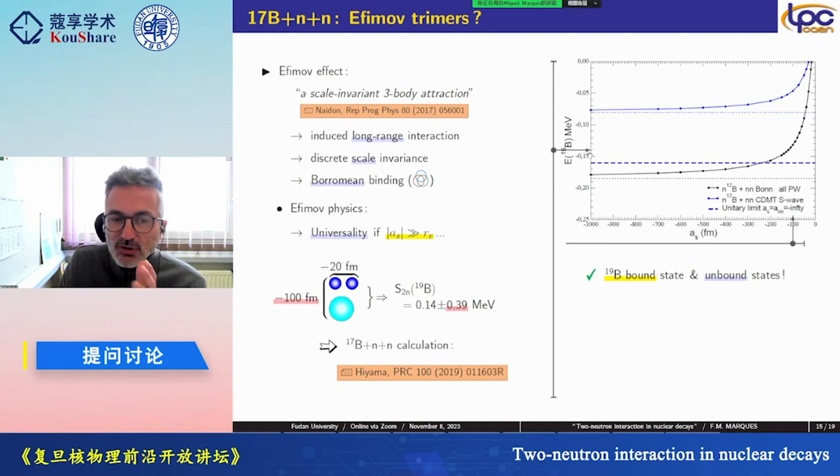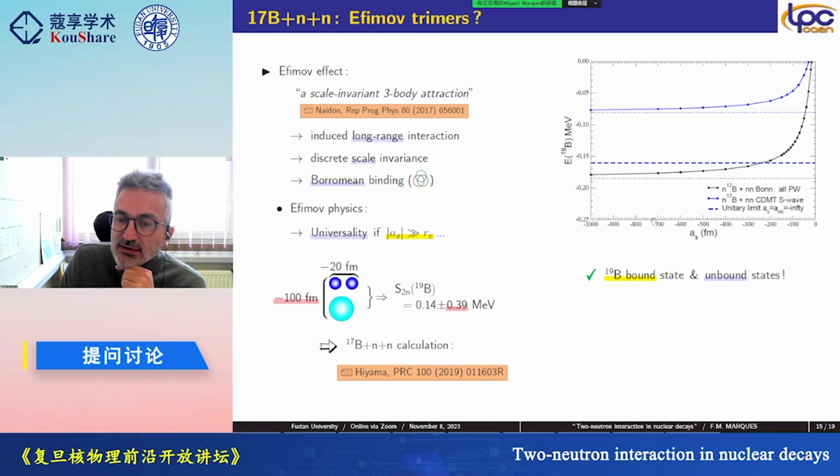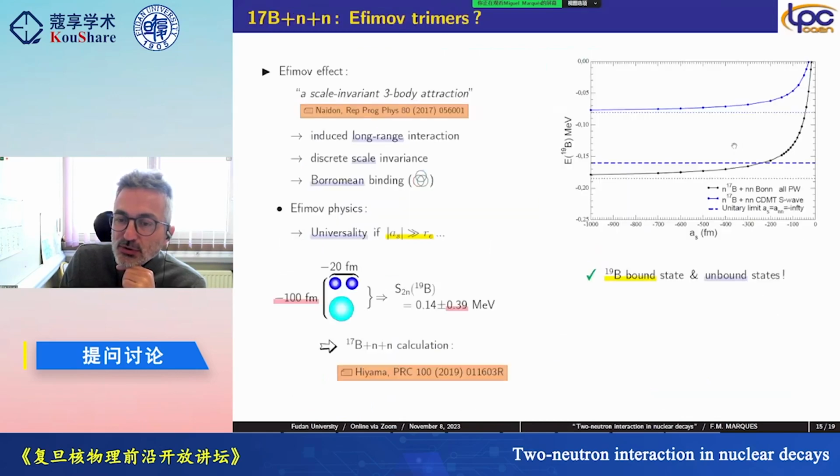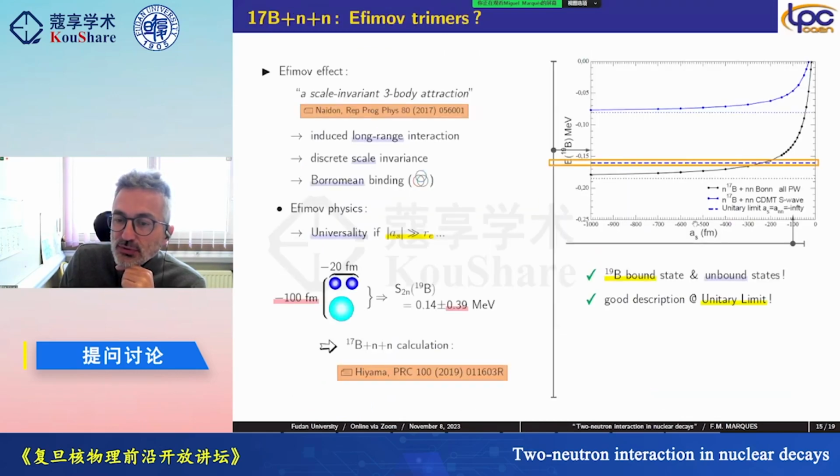I didn't talk about this today, but one of our PhD students is now working on the determination of the scattering length. We have data from Samurai, with very high statistics compared to this.